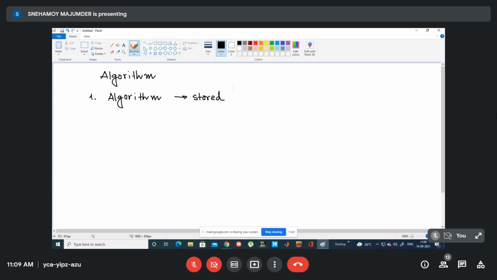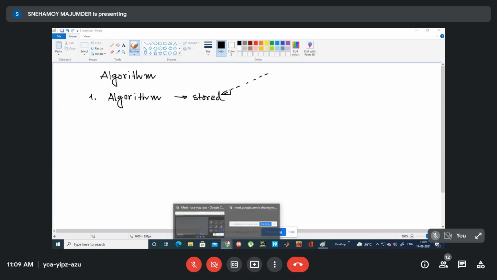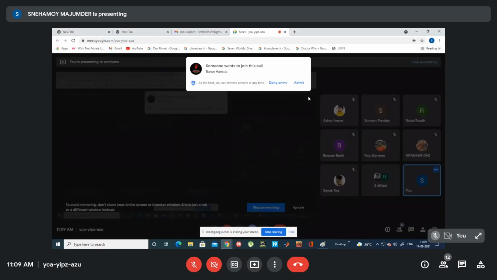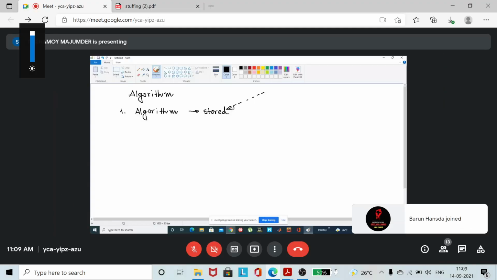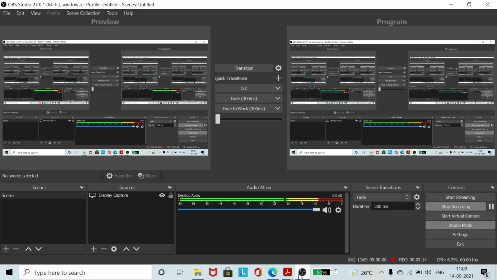So whenever I require, I simply call that algorithm in the form of computer programming, and that can be done repetitively.